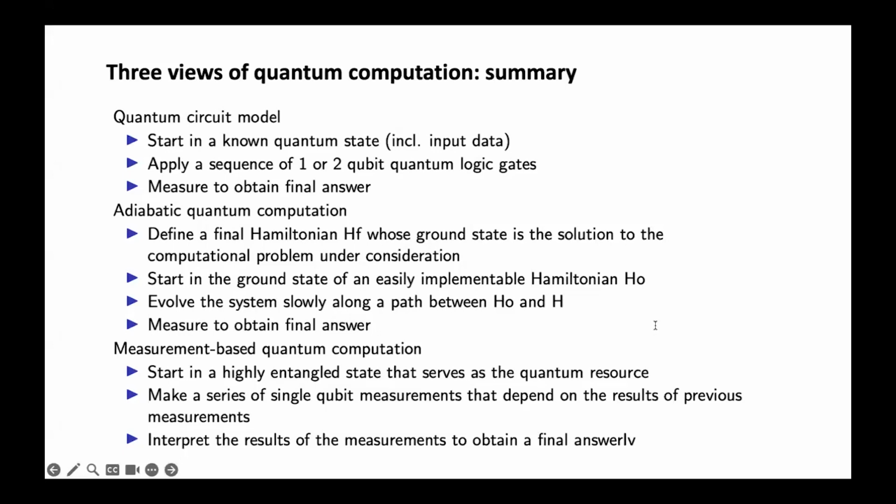Because, as we are going to see in the next slide, the notation that we use to define this model resembles an electric circuit. So how does the story go when you have a quantum circuit model? In this model, you start in a non-quantum state, and then you proceed by applying a sequence of 1 or 2 qubit quantum logic gates. I'm going to show you an example in the next slide.